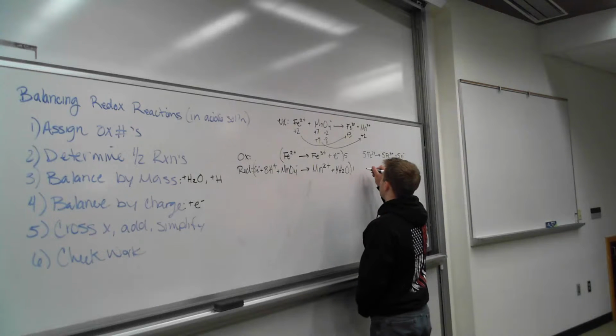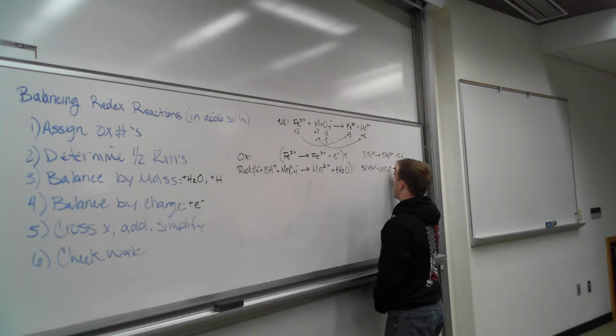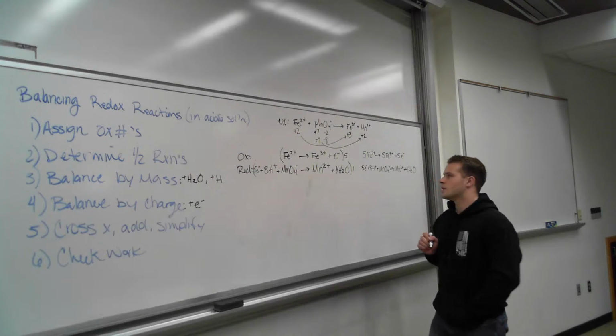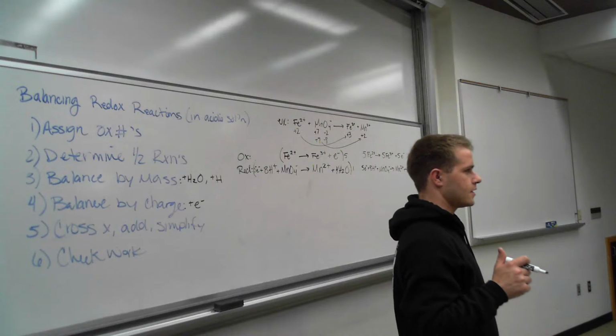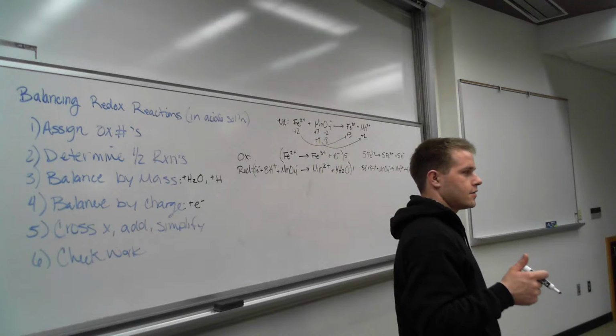And we're going to have 5 electrons plus 8 H+ plus 1 MnO4- becomes Mn2+ plus 4 H2O, after we're done multiplying through. Does that make sense?